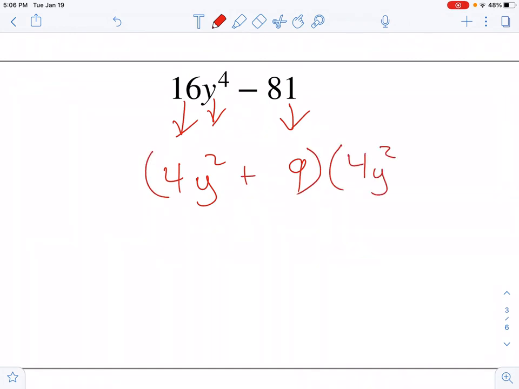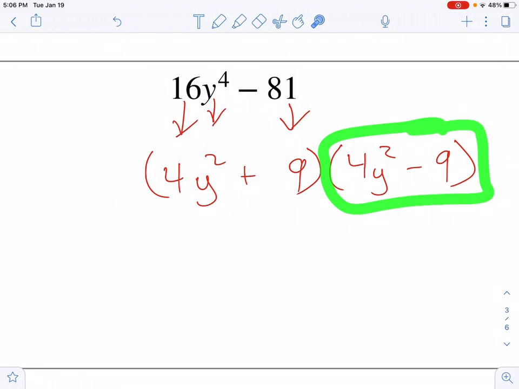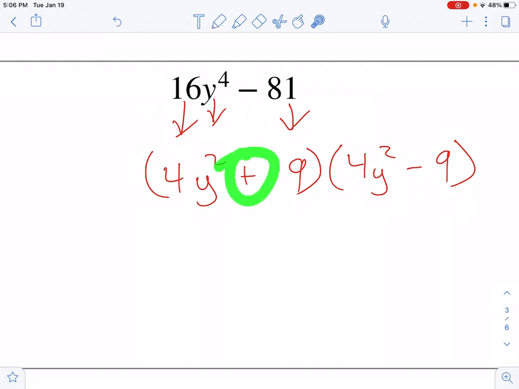4y squared minus 9. Here's the deal though. 4y squared minus 9 is another set of difference of squares. This one's not because of the plus. That's no good. But this one, 4 is a perfect square, y squared is a perfect square, and 9 is a perfect square.